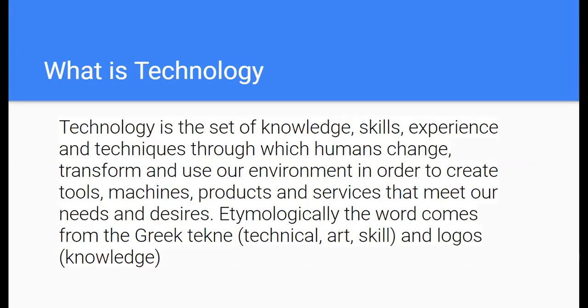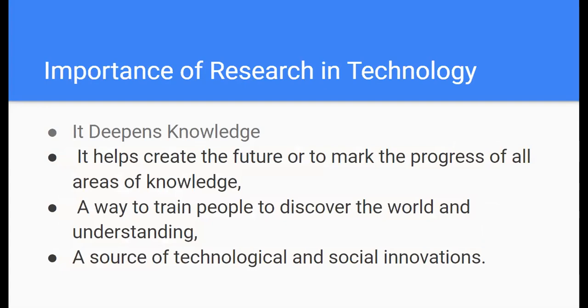Okay, so we've seen this. Now let's look at what is very important. Because we now have a process, we have knowledge to pass. It is written out. So it deepens knowledge. You already know what people have done.